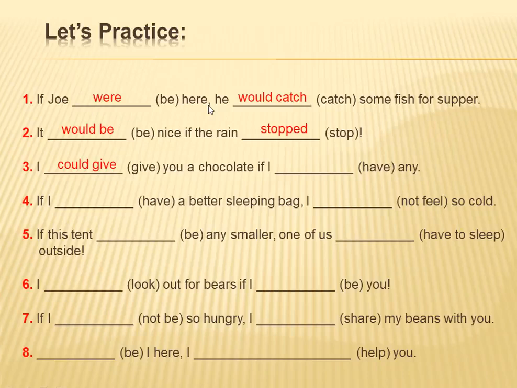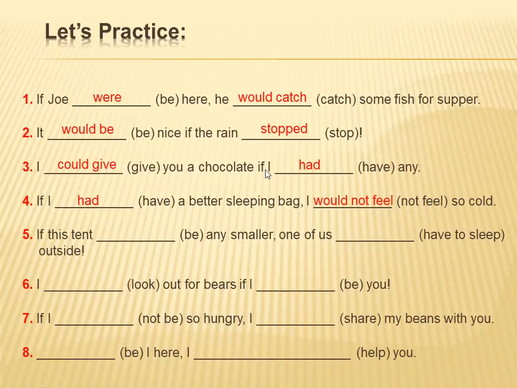I could give you a chocolate if I had one. This one has no comma because the if clause comes second. Number 4, if I had a better sleeping bag, I would not feel so cold.